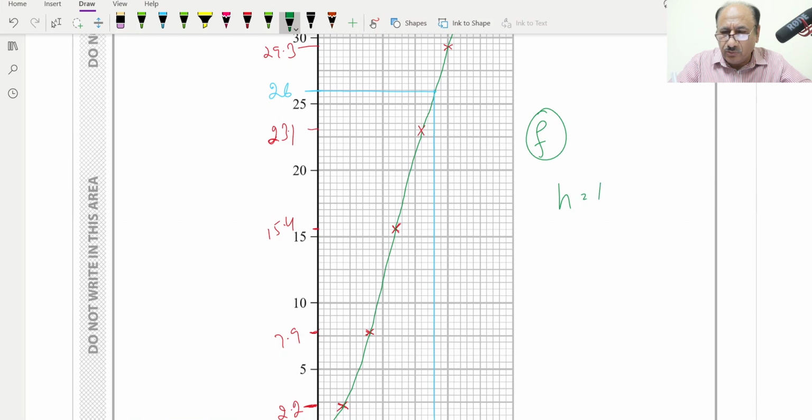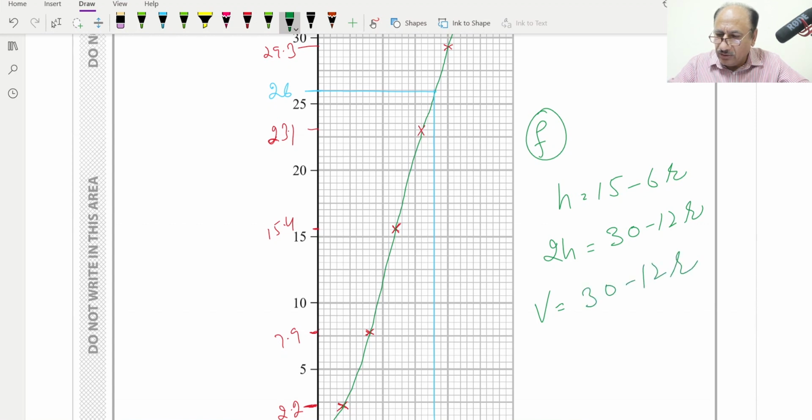H is equal to 15 minus 6r, and 2H is equal to what? 2H is equal to 30 minus 12r, and volume is equal to 2H. So volume is equal to 2H, meaning 30 minus 12r. So this will be the equation which we'll have to draw on this chart.